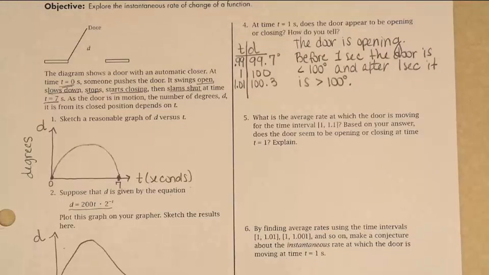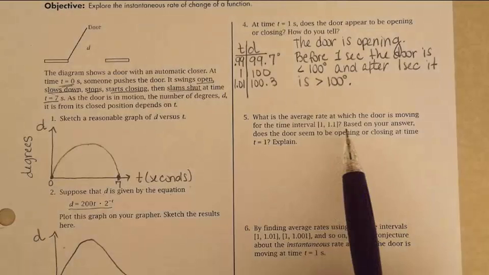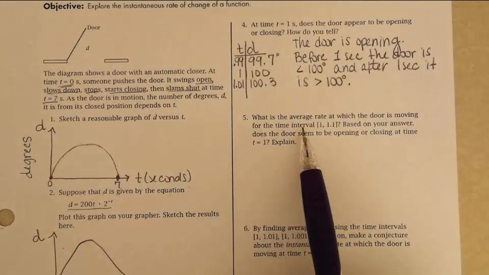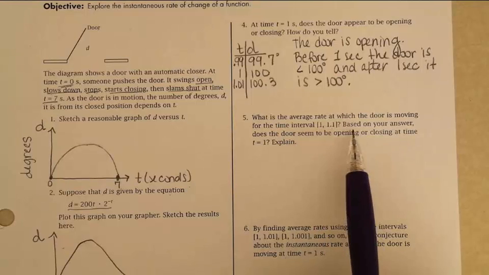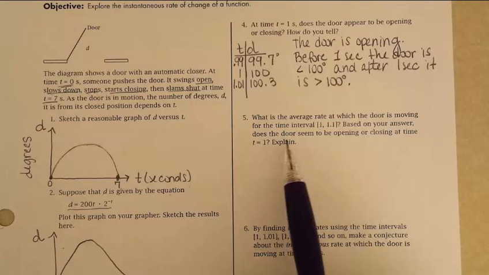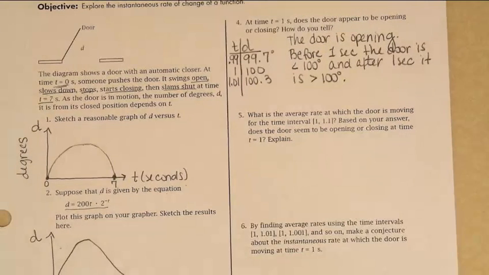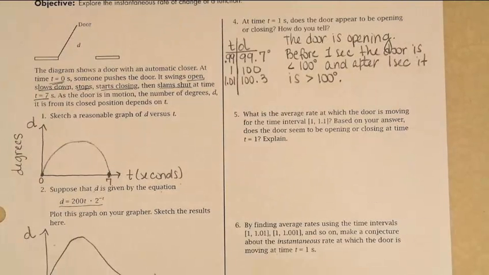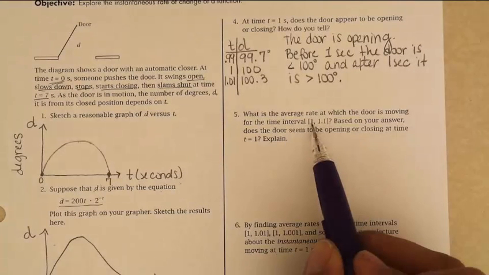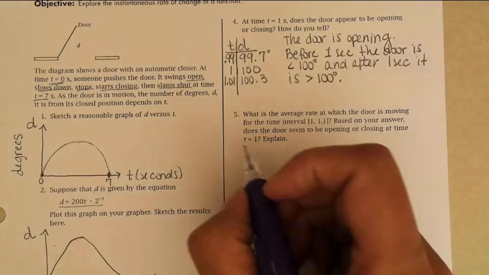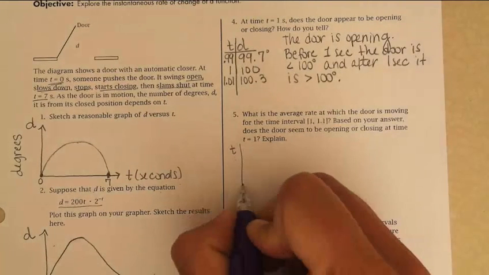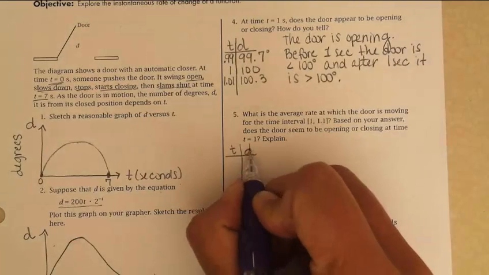Number 5, what is the average rate at which the door is moving for the time interval from 1 to 1.1 seconds? Based on your answer, does the door seem to be opening or closing at time t equals 1? So I think here we're going to make a table of values so that I can get the outputs of both of these. So again, another table to help me organize my information.